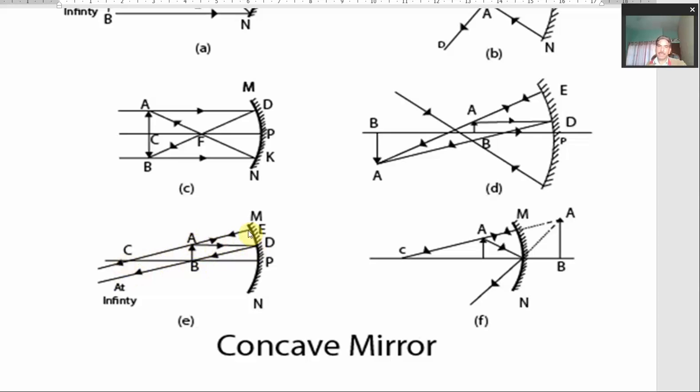So we see that in this case the reflected light rays meet nowhere, right?